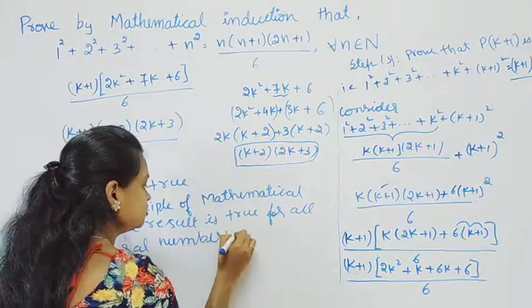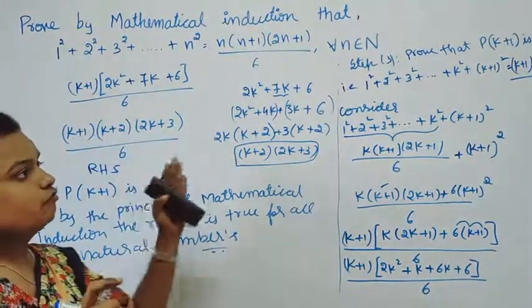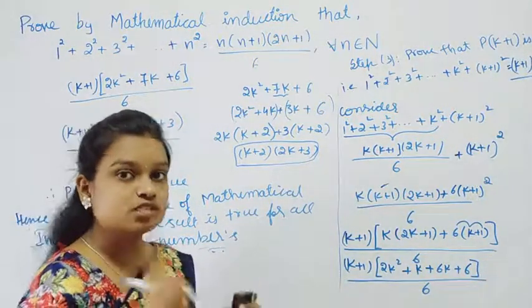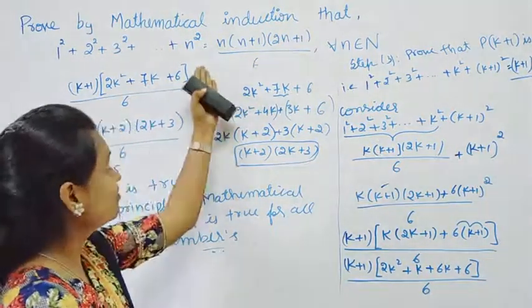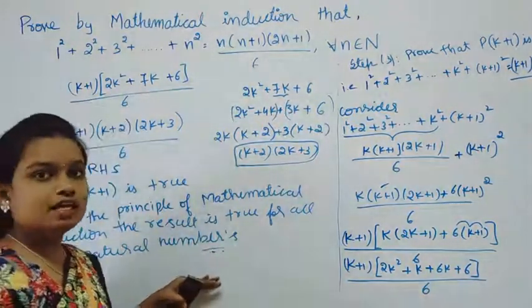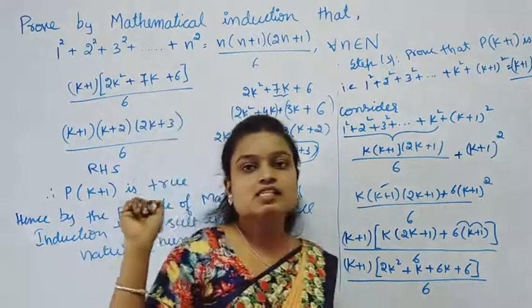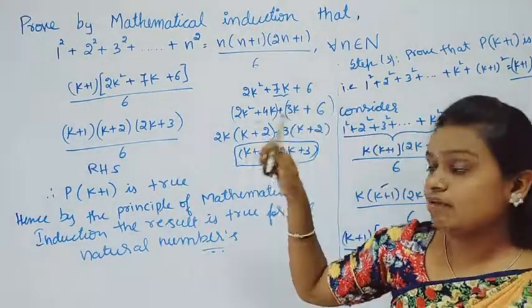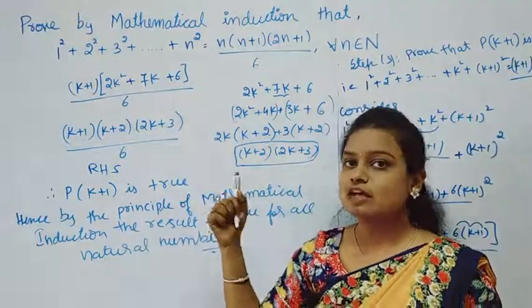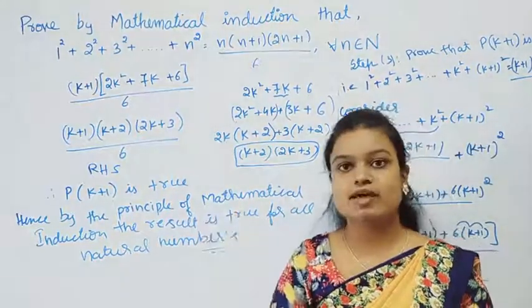Okay. So this is the principle, right? If all the three conditions, all the three steps are satisfied, hence by the principle of mathematical induction, the given statement or the given result is true for all natural numbers. Understand? This is the method of proof by mathematical induction. The continuation of more problems on this topic I will discuss in my next class.